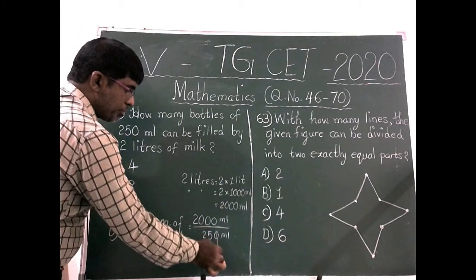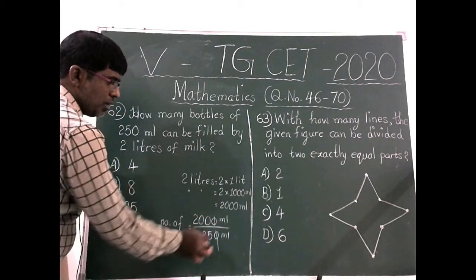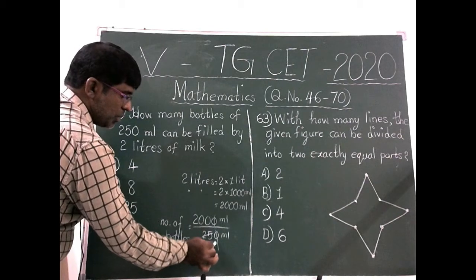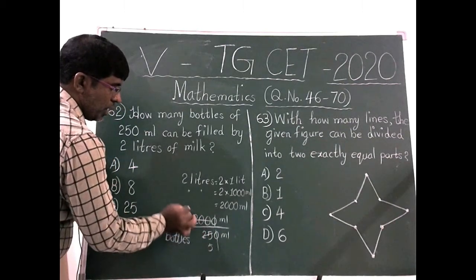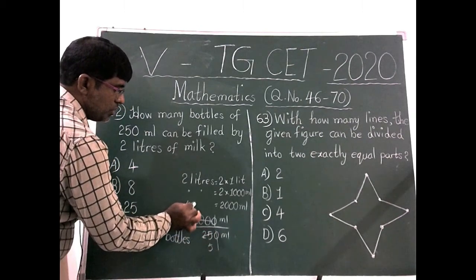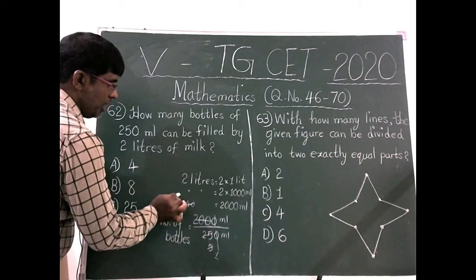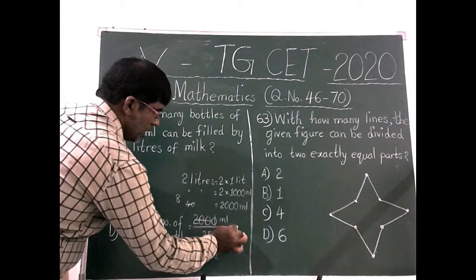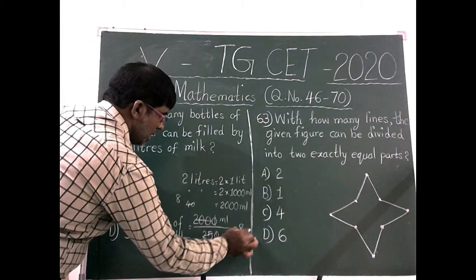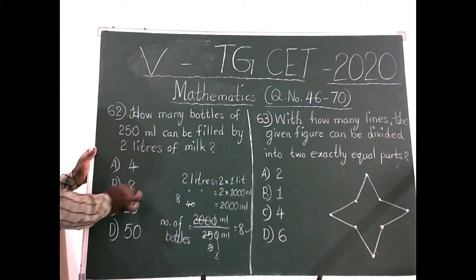The zeros cancel. 5 5s are 25, 5 4s are 20, 0 as it is. 5 1s are 5, 5 8s are 40. The number of bottles is 8. Option B is the correct answer.